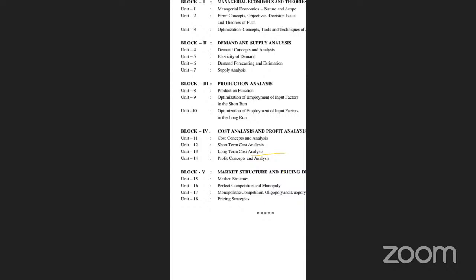Good. Yeah. So the fourth block is all about cost analysis and profit analysis. So particularly here, you will probably learn about various cost functions, cost techniques which can be adopted in order to minimize the cost and maximize the profits in both short and long term.